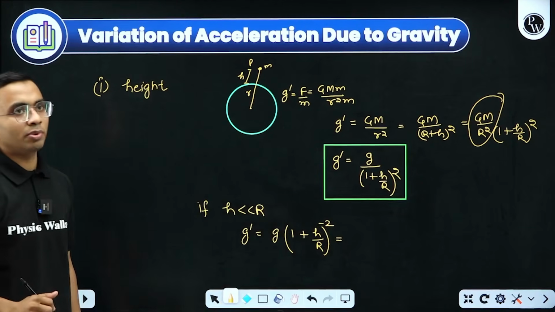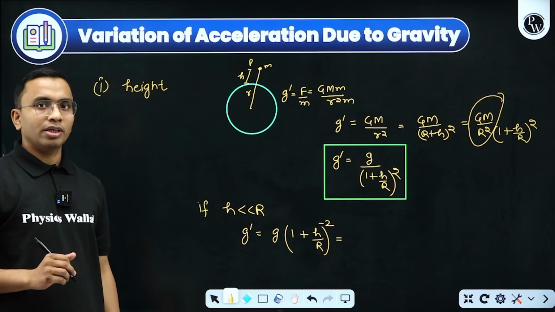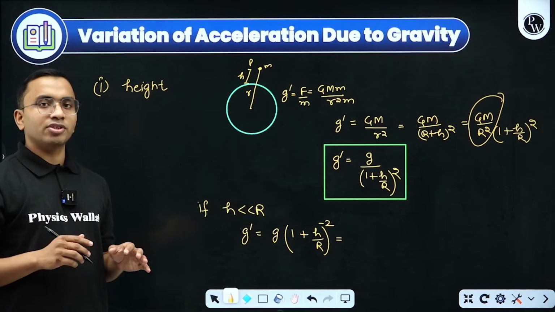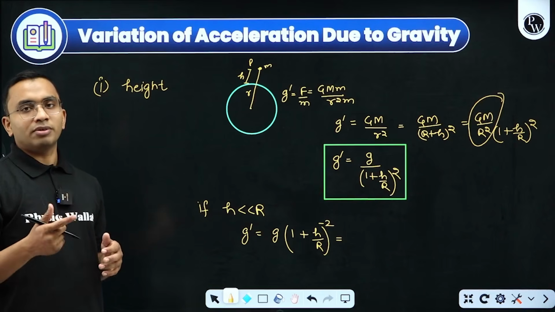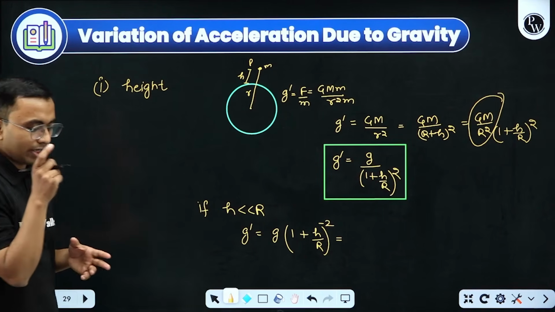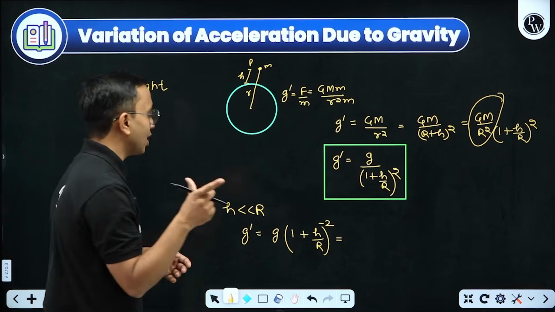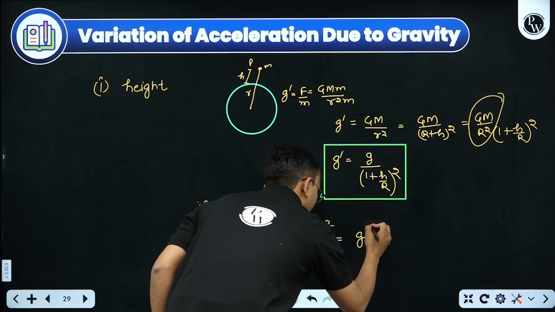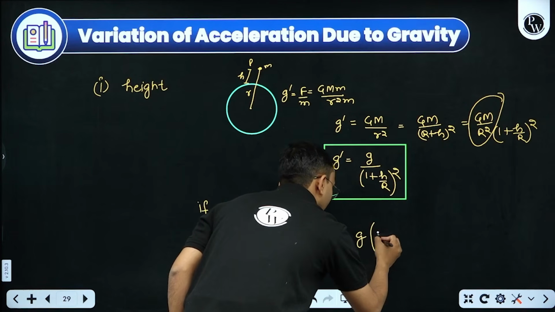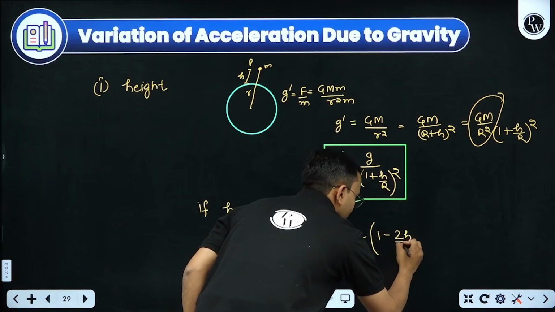Consider (1 plus x) to the power n. When x is very, very small with respect to 1, that will become 1 plus nx. So I'll take just the first term of the binomial expansion. So this will become g into, higher order terms we are neglecting, (1 minus 2h by r).